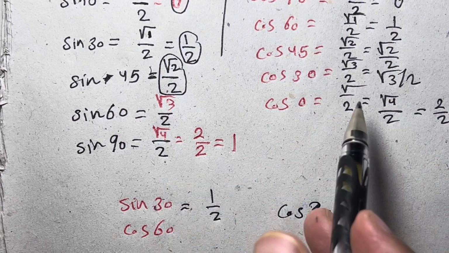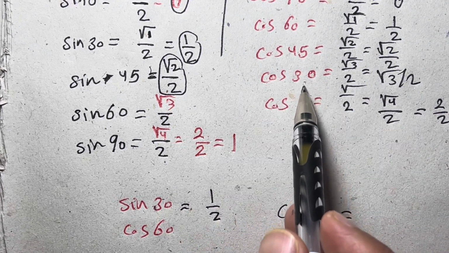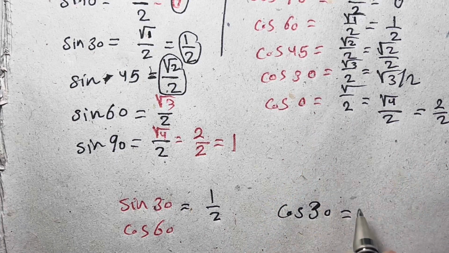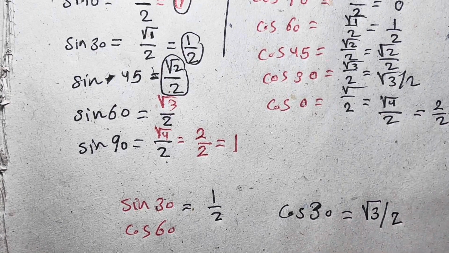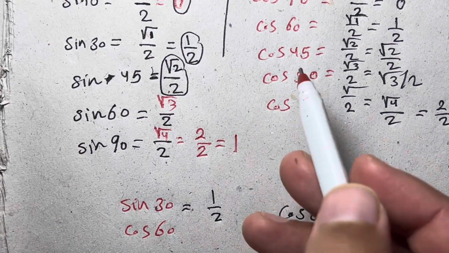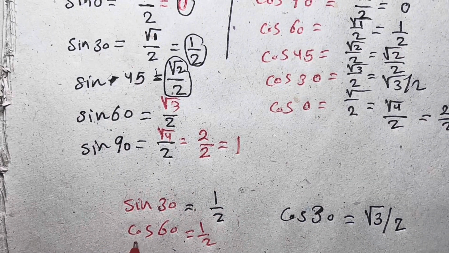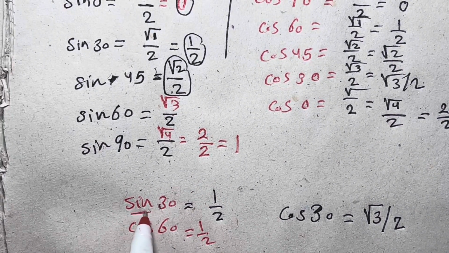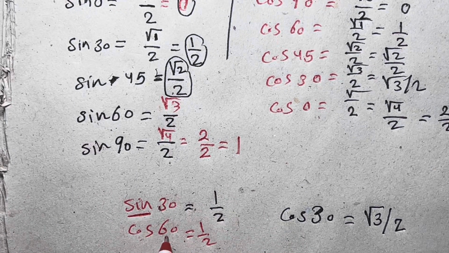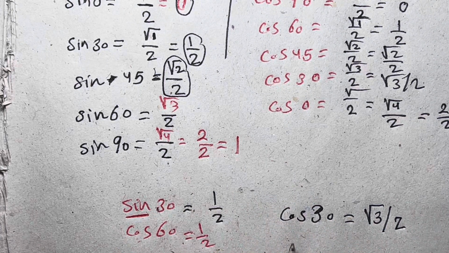Cosine 30 is the square root of 3 over 2. So for 30 and 60, the sine and the cosine are the same: sine 30 is 1 over 2 and cosine 60 is 1 over 2, and also cosine 30 and sine 60.